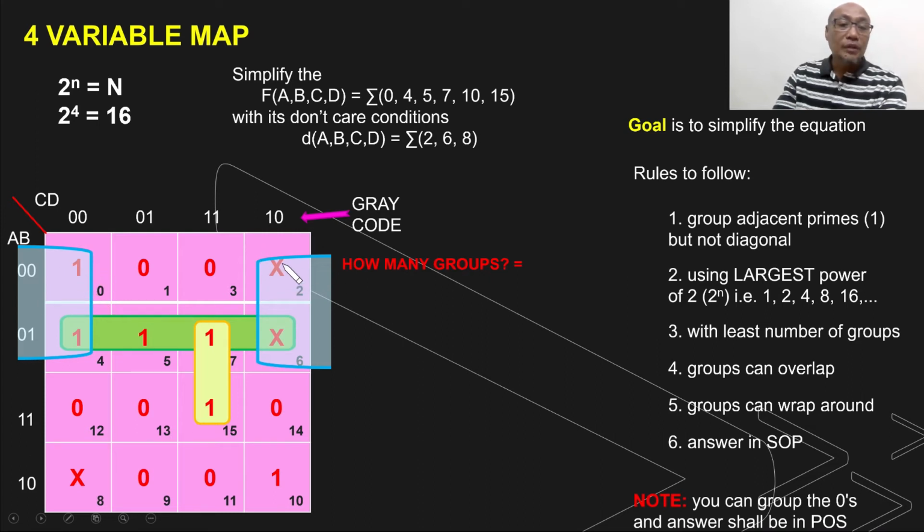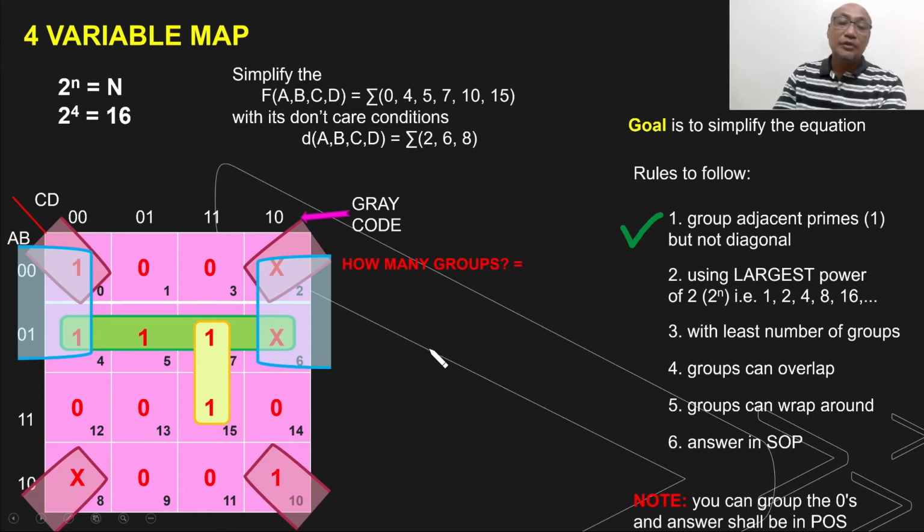So in doing so, we will be increasing the number of primes in our group. That becomes 4. So let's group them together. Actually, with this, you can observe that we can wrap around the 4 corners because there will only be one literal that will be changing as to this, that is only A, and with respect to this, that will only be C. So how many groups?